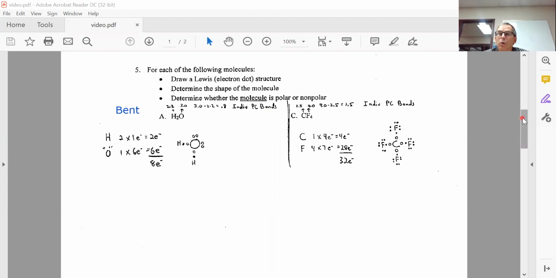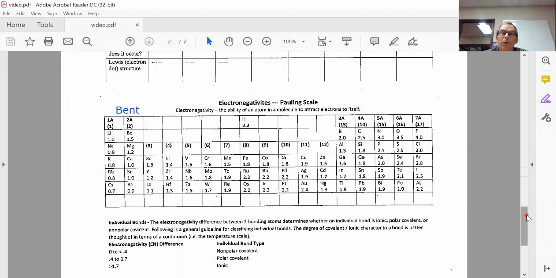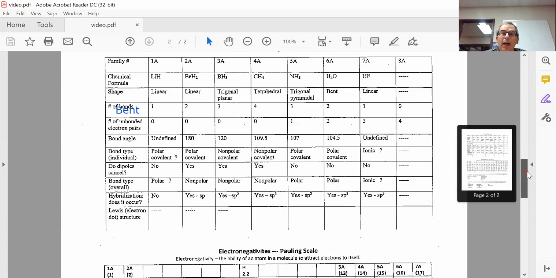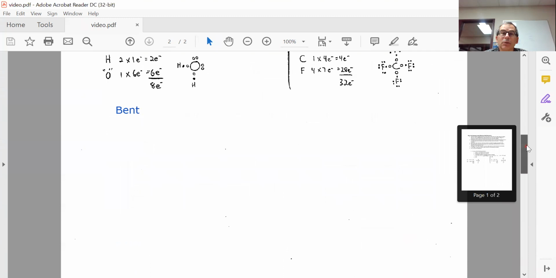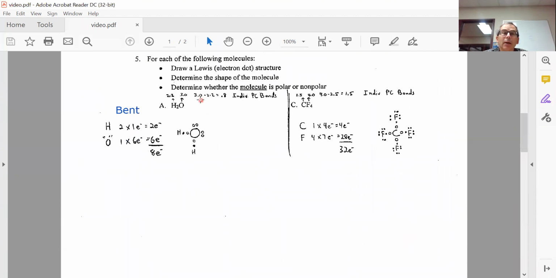Okay, let's go look at our electronegativity chart. And this is where I got the 2.2 for hydrogen. And I got the oxygen as, oh, it's 3.5. Looks like I have a mistake there that we'll have to correct. And the difference actually is 1.3. So I'm going to do a little changing here.